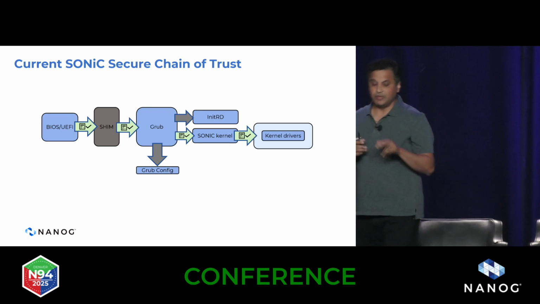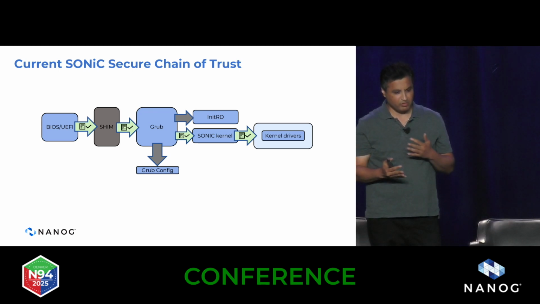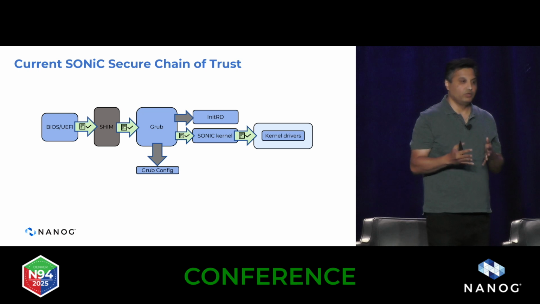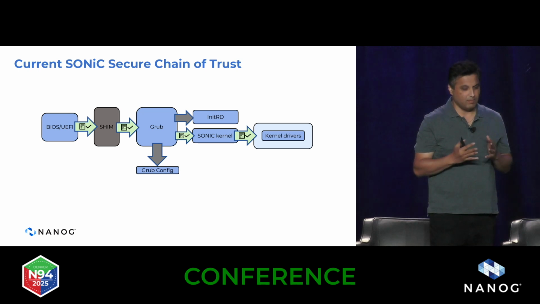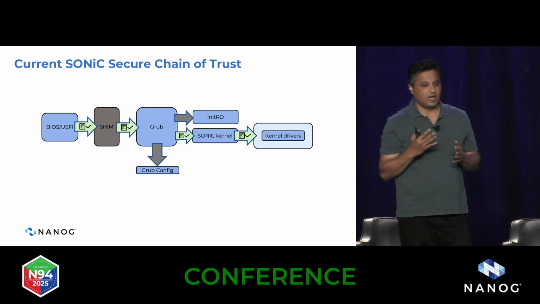So during the boot, you can interrupt into the grub, either get into the rescue mode or fix certain configurations, etc. SONiC heavily uses this grub as a primary bootloader, and it is responsible to verify the Linux kernel.